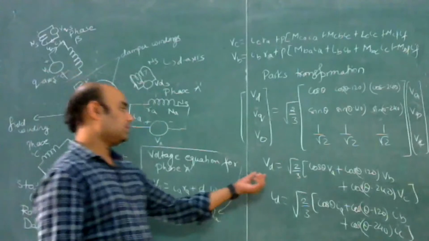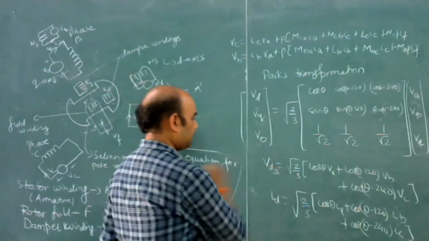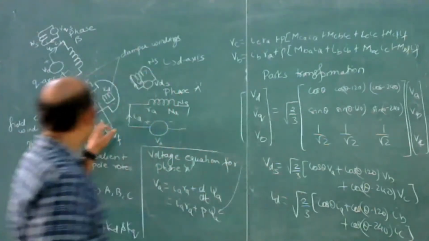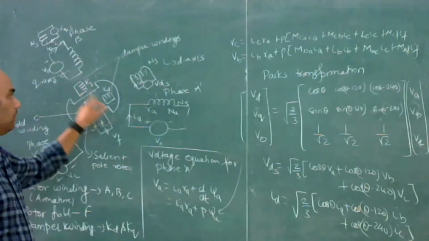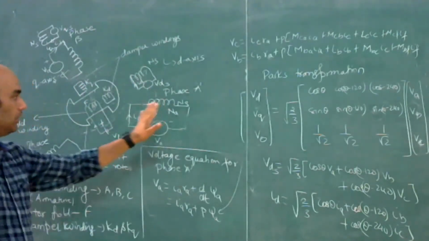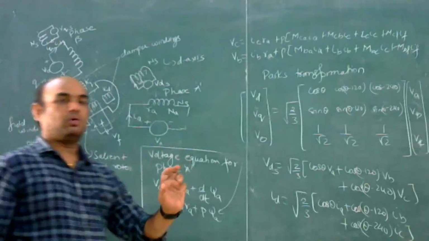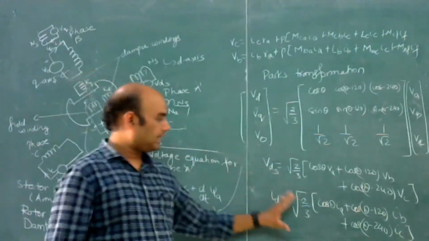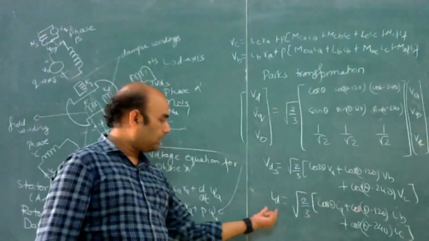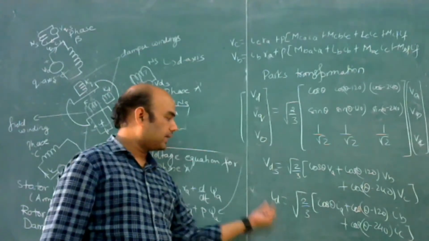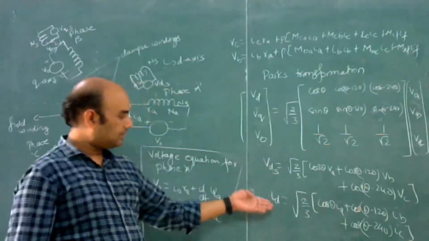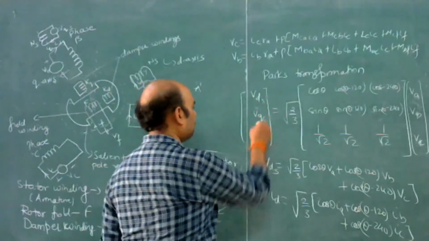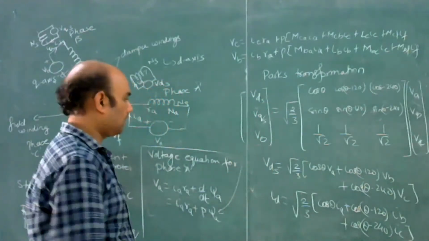Okay, so this is VDS for stator, and this is for rotor. This three-phase voltage is converted to two-phase voltage like this, and three-phase current IABC is converted to two-phase current ID. You can write similarly VQS for stator and IDS.